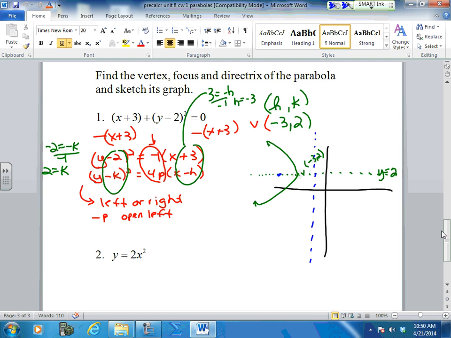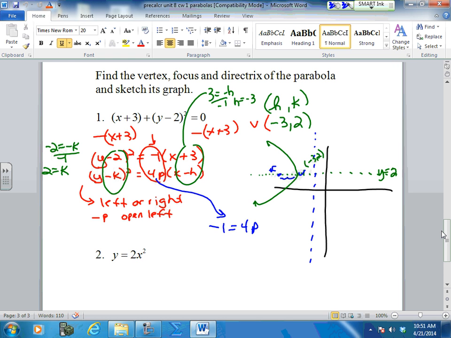Now, we said the distance between my vertex and my focus is p. And we also know that p, does p have to be positive or negative? Negative. We're opening left. So it is this easy to find p. Line these up and set them equal.